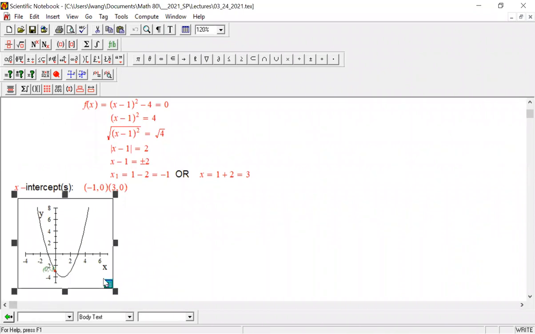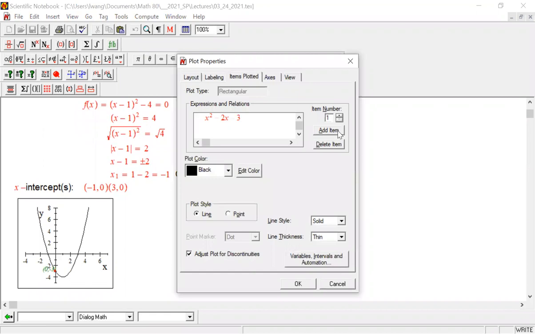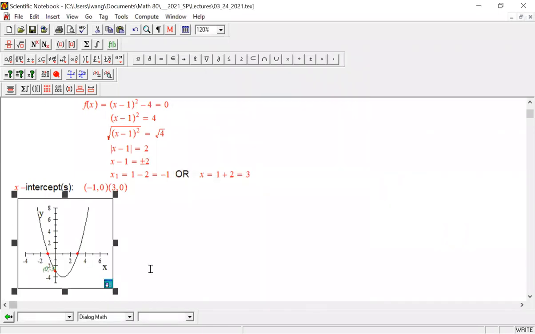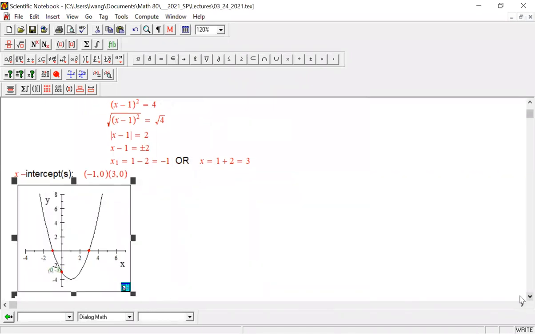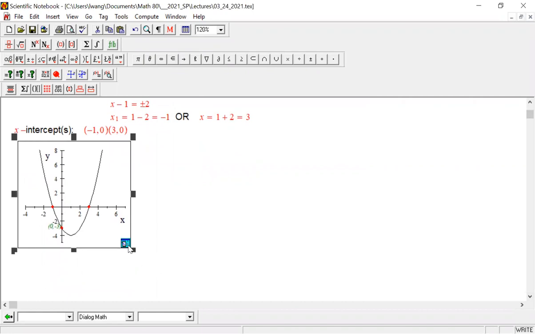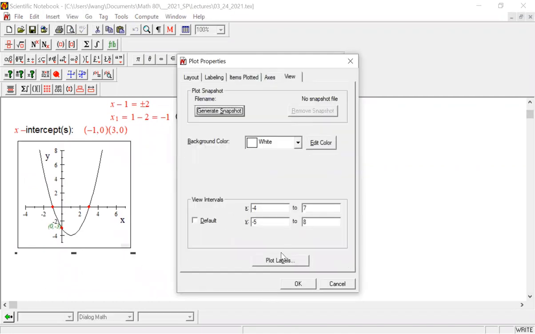Okay, so let's put the points in the graph. One is -1, comma 0. So we make it a red dot. And the other one, we're going to make it a red dot as well. Boom, two red dots. Now, I would like you guys to mark these two points in your notebook. I'm going to do the same along with you.